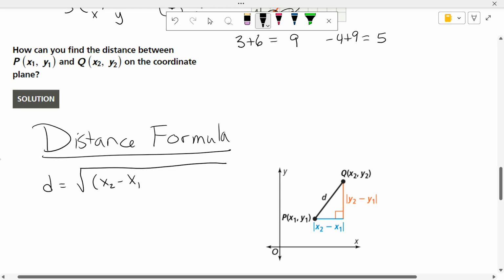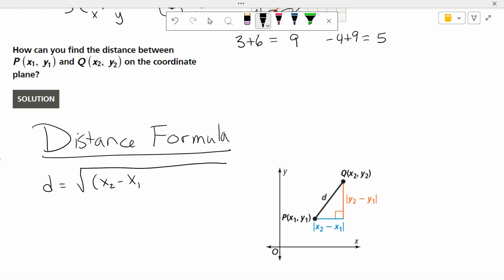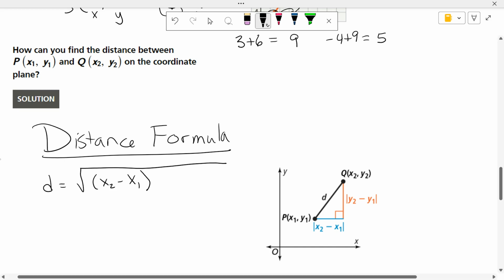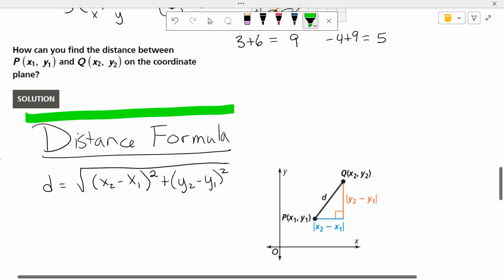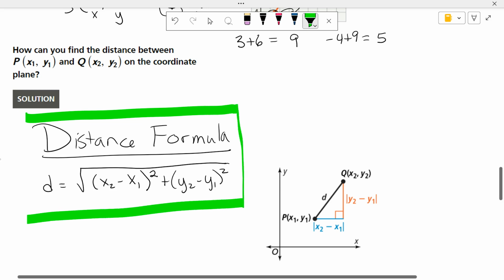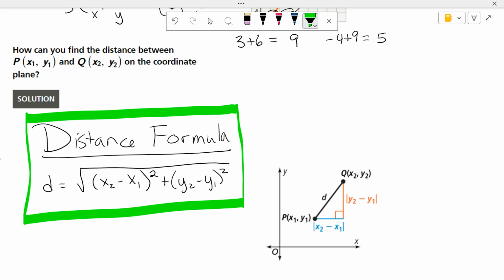It's not x squared, it's x2 because we put the number as a subscript down below. x2 minus x1, and then we're going to square that plus y2 minus y1, and we're going to square that. So that's the distance formula. That goes on your note card. Make sure you get that on your note card. The distance formula.